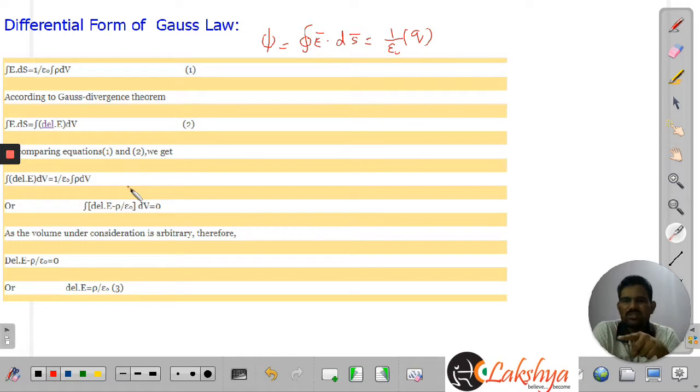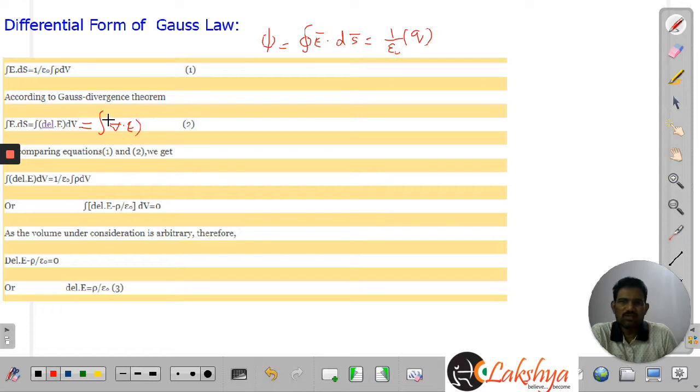Now we are converting the surface integration into volume integration, using the Gauss divergence theorem. The del here is an inverted triangle, which we need to represent like this.